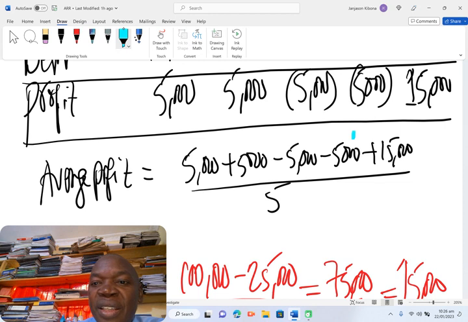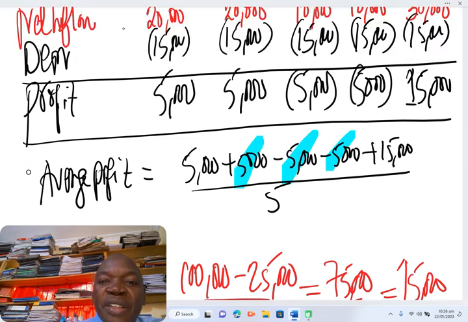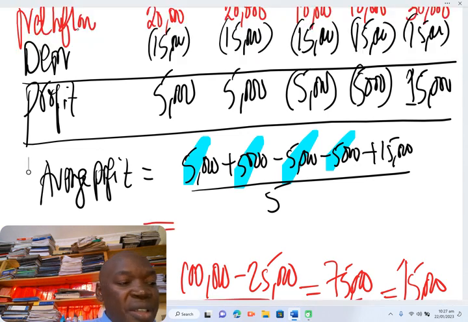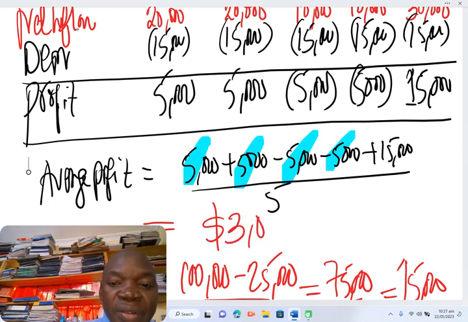So the 5s cancel out, and you have 15,000 divided by 5, which is 3,000. This is the average profit. It is $3,000 average profit.